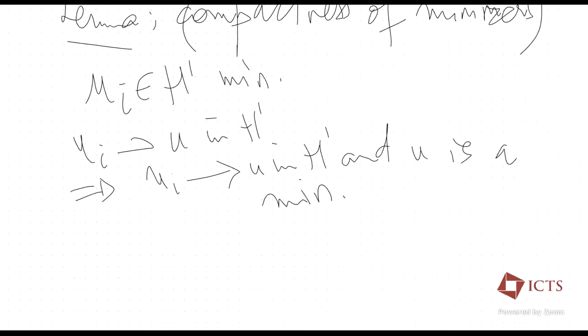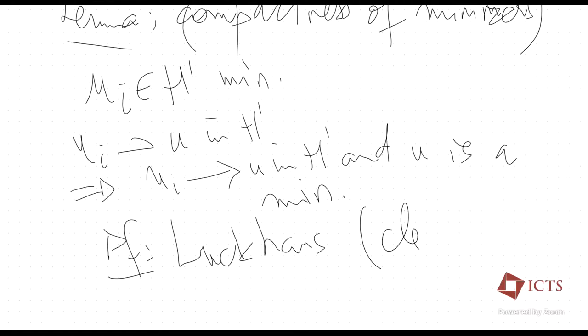I mean, there are several proofs, and probably now the most handy proof is a very nice proof by Luckhaus, which is a very clever interpolation argument. But it's not an easy result. And this is the feature of minimizers.